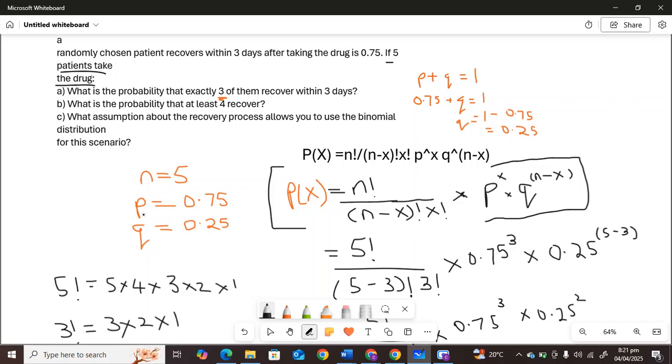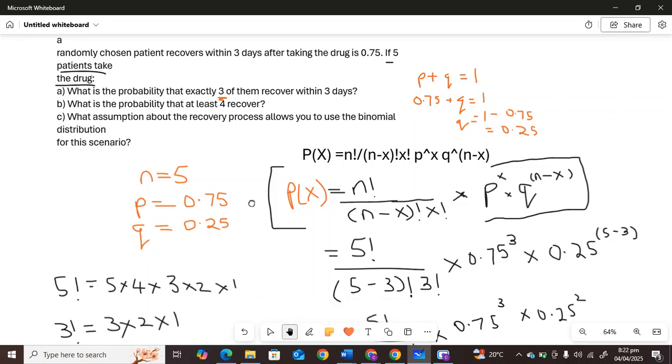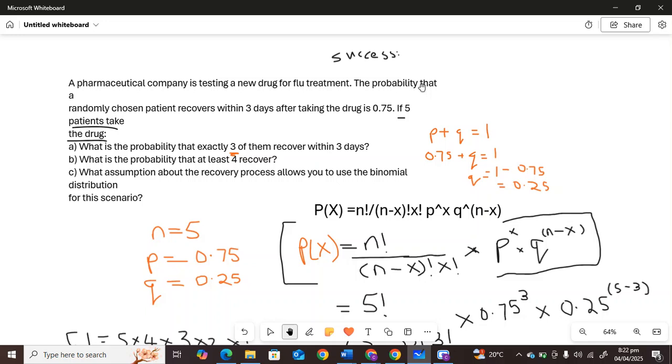Okay. So in the question, they've told us the probability, if a person is randomly chosen, let me read it here. It says, the probability that a randomly chosen patient recovers within 3 days after taking the drug is 0.75. So this is the probability of a success. Now remember, probabilities add up to 1.